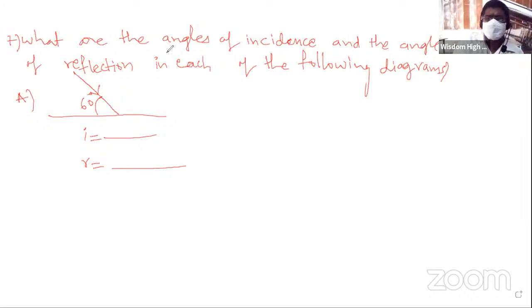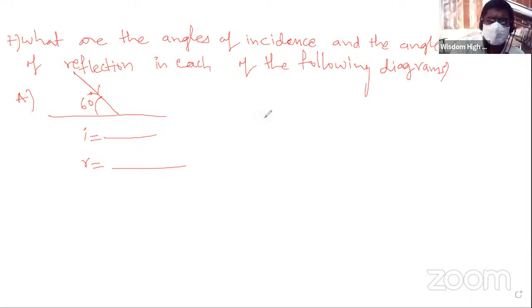We can identify the angle of incidence and angle of reflection. The 60 degrees is the angle made by this light ray with the surface of the mirror. So what is the angle of incidence and angle of reflection?